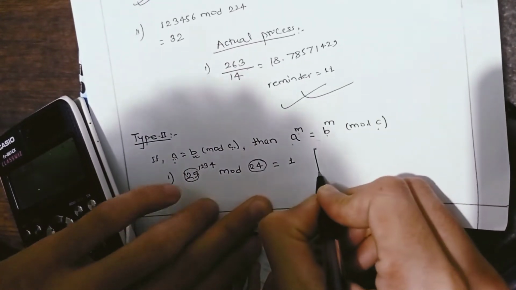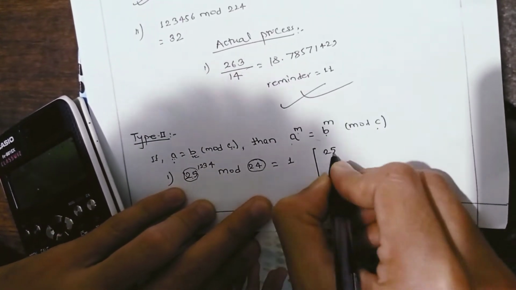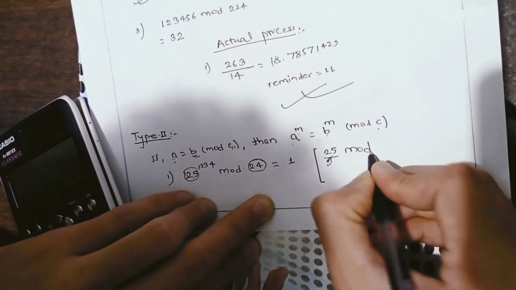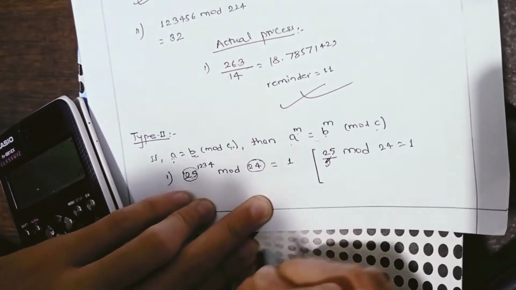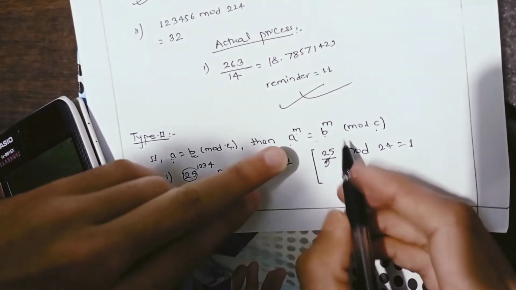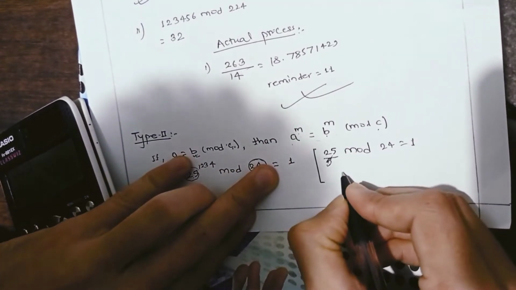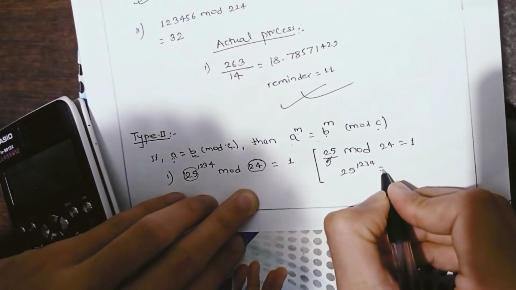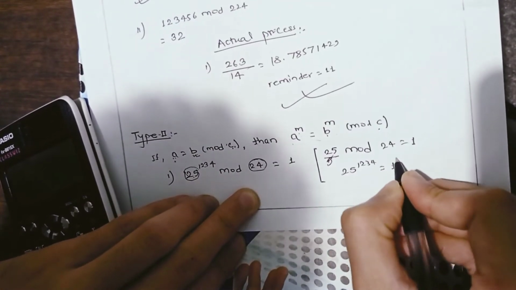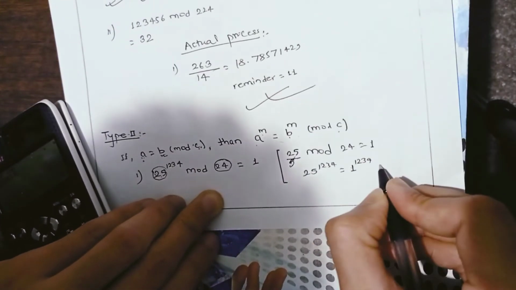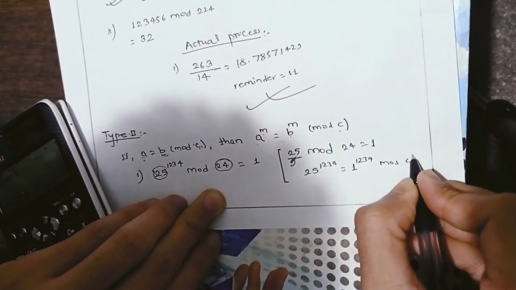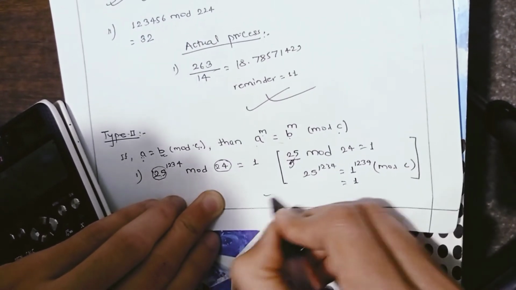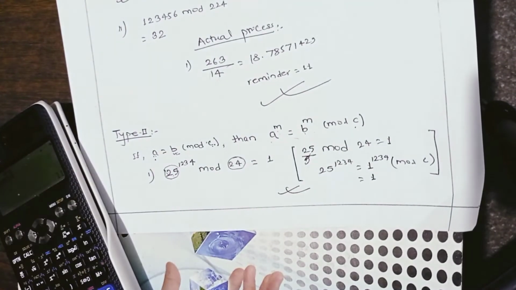That is, 25 mod 24 will be 1. Then from this theorem we can say that 25 to the power 1234 will be equal to 1 to the power 1234 mod 24, which will be 1. This is the tricky type of question.